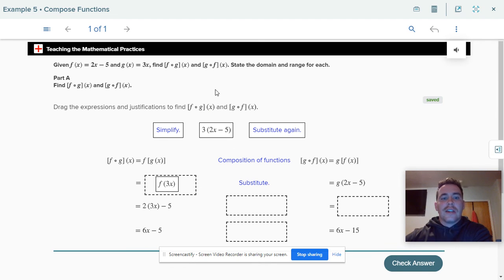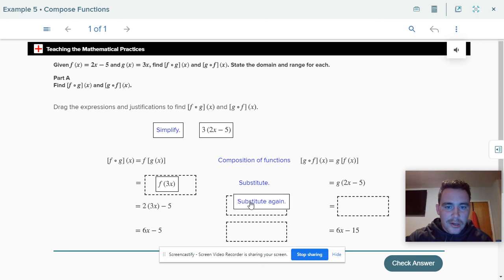That's because instead of replacing our x values with just a numerical number, we're putting the whole function in there. So if we look down at these steps, instead of 2x minus 5, we're going to have 2 times 3x minus 5. That 3x comes from g of x. And we're going to simplify that down.